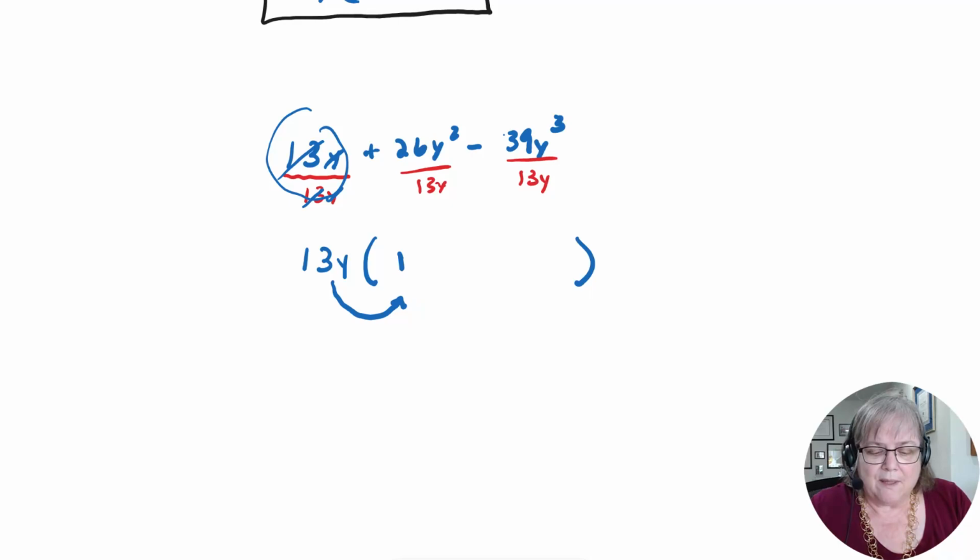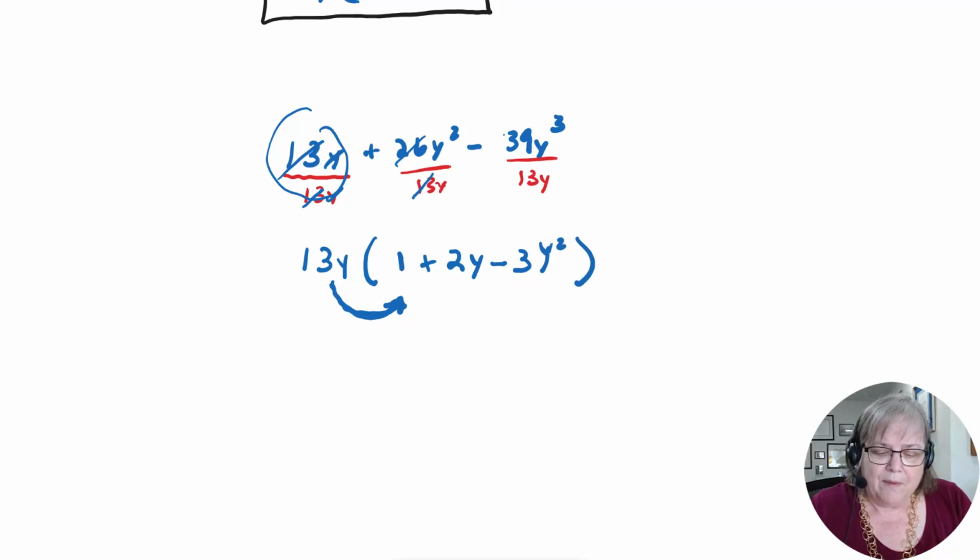So there has to be that understood 1, because 13y times 1 gets you this original 13y, right? Plus, you had 26, you divided out 13, so you have 2. You had y squared, you took out a y, so you have 1y left, minus. You had 39, you divided out 13, you have 3. You have y cubed, you took out one of the y's, you have y squared left.